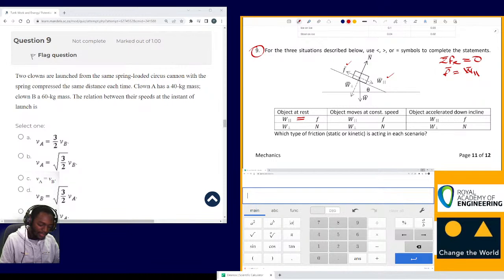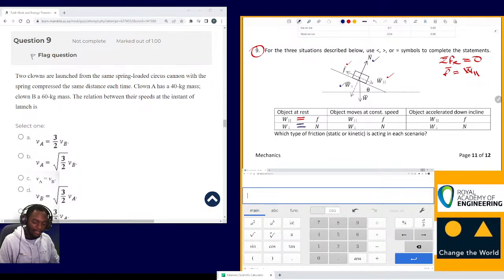Then what about the component of the weight perpendicular to the slope, which is this one, and the normal force? Again, this object is at rest, it's not moving, neither in the y nor in the x. So it means that these two forces again are equal.